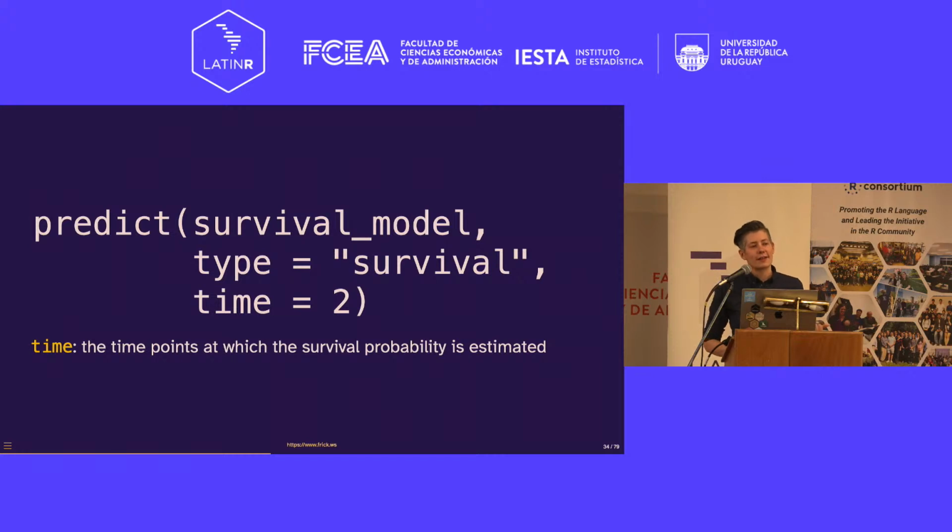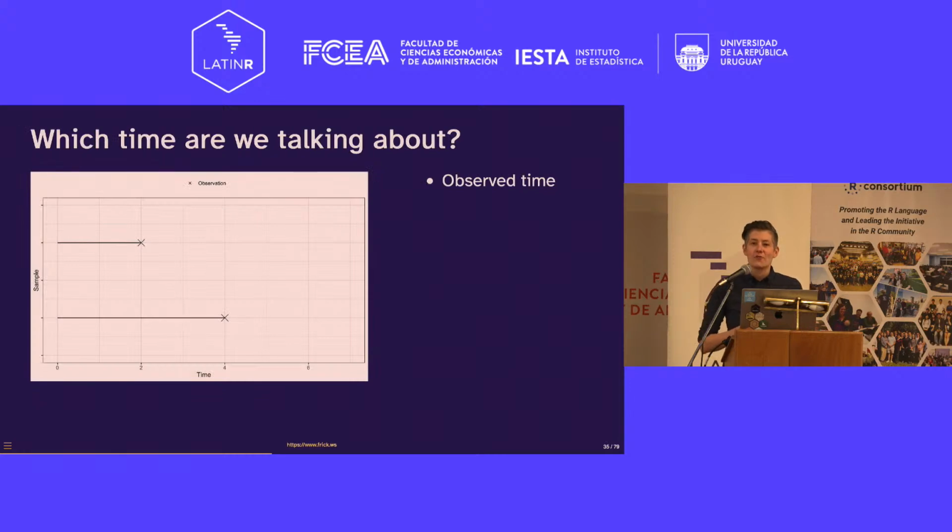And while I don't think that was necessarily a bad name, it obviously landed in this talk as an example. So what's the matter here? Roughly, there are a lot of time concepts flying around in survival analysis, right? So what time are we talking about here? For one, we have observed time.